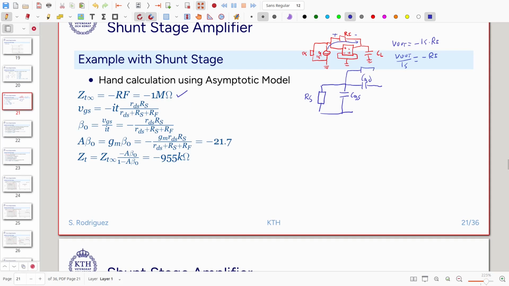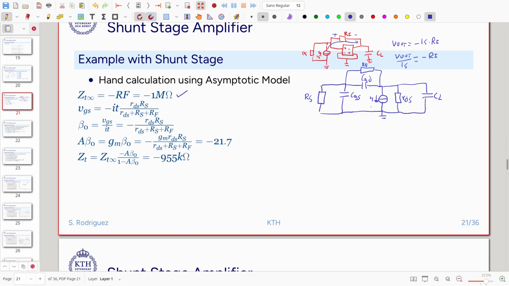There will be the feedback resistor in parallel here, RF. And then we replace the transconductor with a test current source, IT. And then we have RDS and the output capacitor here, CL. Then we can put here a reference.